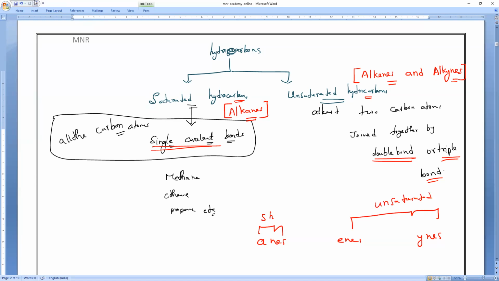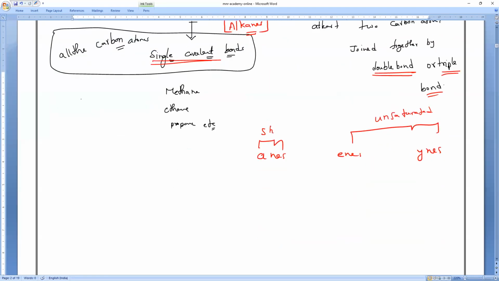Okay, everybody. Anes means every carbon must have a single bond. Please remember, each carbon in a compound has to be connected with a single bond. Whether one carbon, two carbons or three carbons, every carbon has to be completely connected.